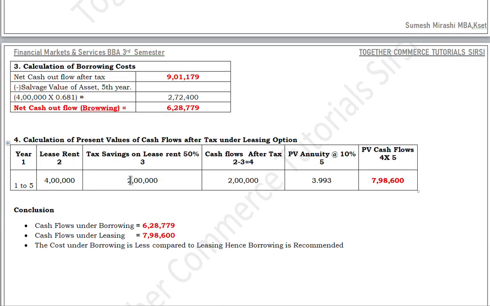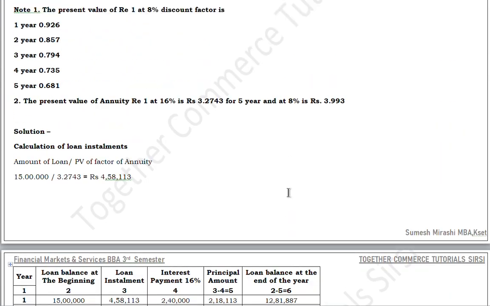Then tax savings on lease becomes 2 lakh. It becomes that because the tax is 50%. 4 lakh into 50% becomes 2 lakh. Then cash flow after tax, that is second column minus third column, 4 lakh minus 2 lakh, gives you 2 lakh. Then PV annuity at 5%. This 3.993 is given in the question.